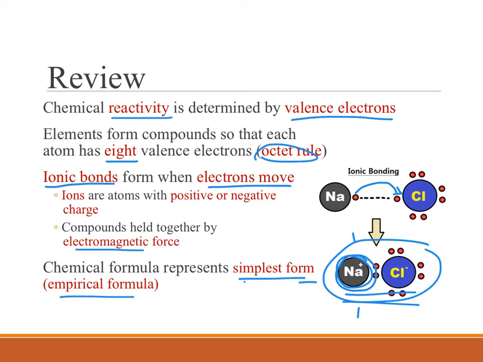If there are other chloride ions present, they'll be attracted to that positive ion, and on the other side, if there are other sodium ions present, they'll be attracted to the chloride ion. So it just sort of builds up into what is known as a crystal lattice.